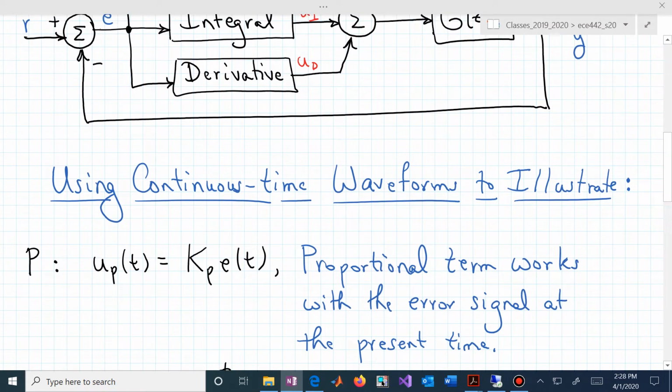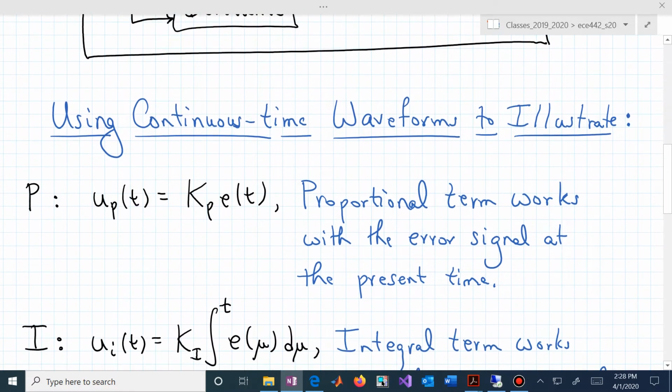And you can now see that the error at the present time is just being scaled by this proportional gain K sub P, and that is what is referred to as the proportional term or the proportional piece of our controller. That's the P piece. It works with the error signal at the present time.